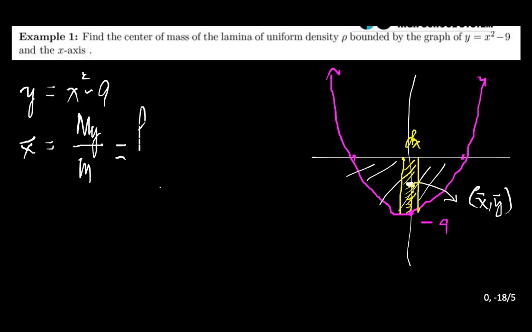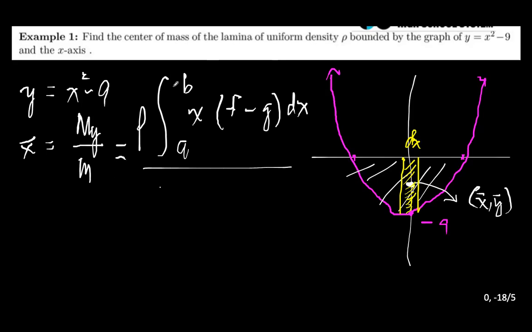The formula for the moment about y is rho, the integral from a to b of x, that's the distance of the center of mass to the y-axis, times f minus g dx, over the formula for the mass, which is rho, the integral from a to b of f of x minus g of x.